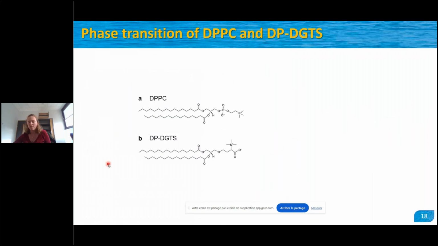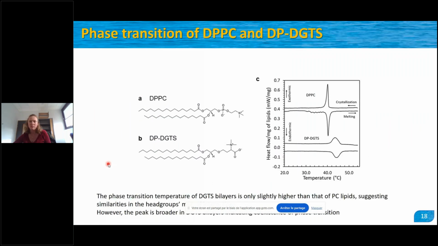We did DSC, differential scanning calorimetry, trying to identify the phase transition of DGTS and PC. What we could see is that the phase transition of the DGTS bilayer is a bit higher than the one from PC, meaning the head groups have some kind of similar interaction.